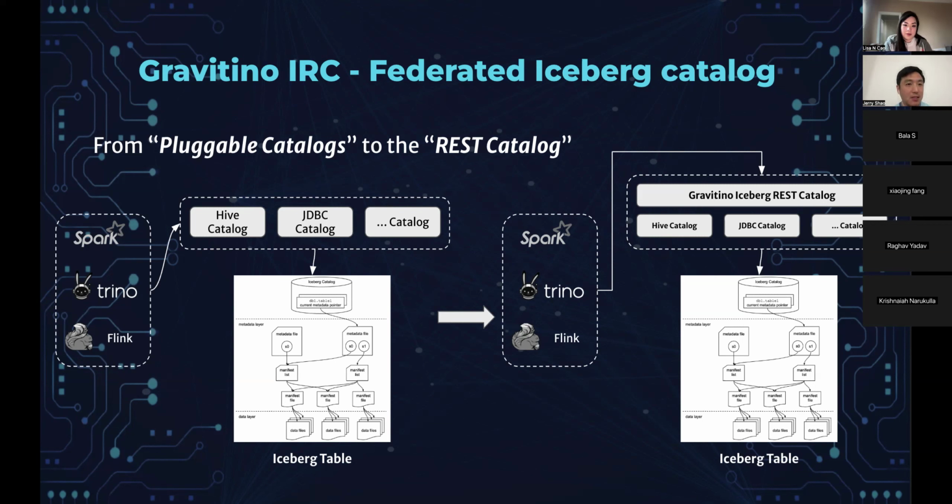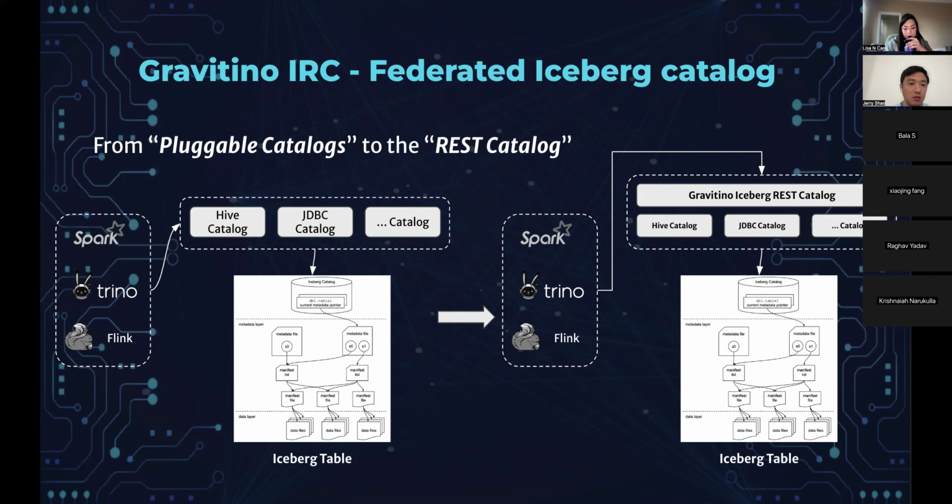So the key thing is that with Iceberg itself you can use different catalogs to manage the tables. What we do is build a wrap layer or REST layer on top of existing catalogs to try to unify all of them so that we deliver a REST interface.